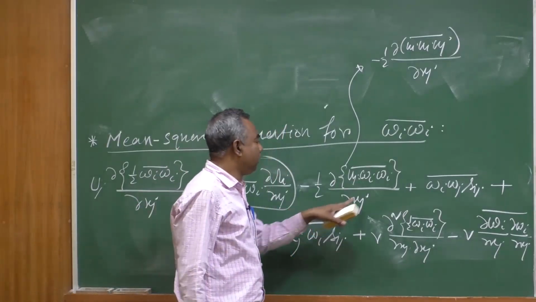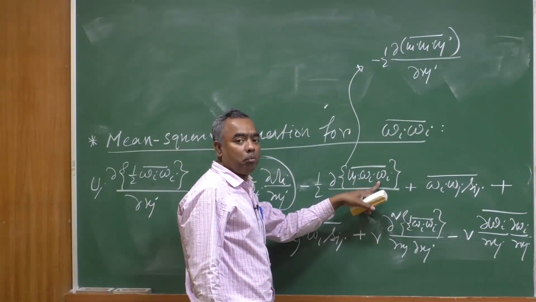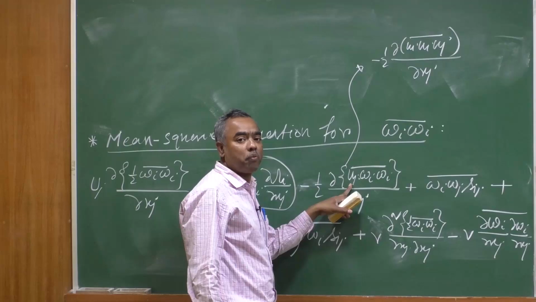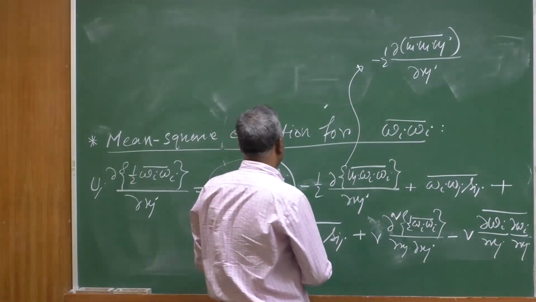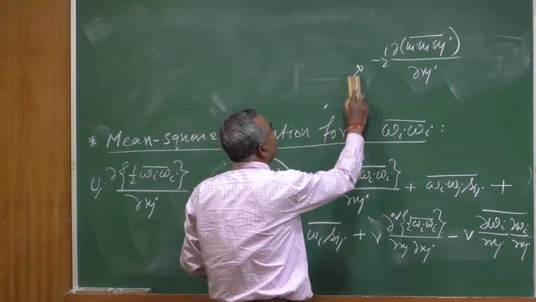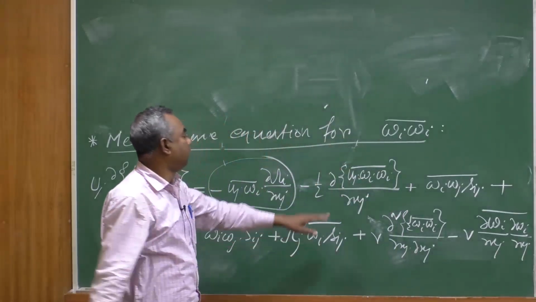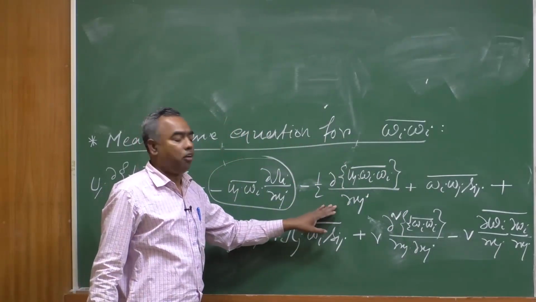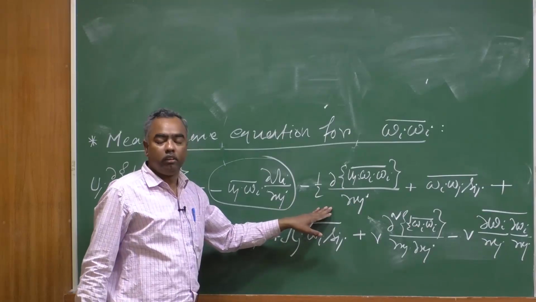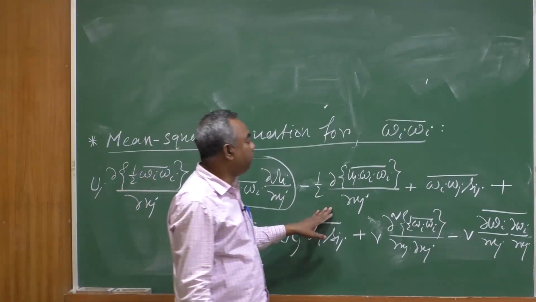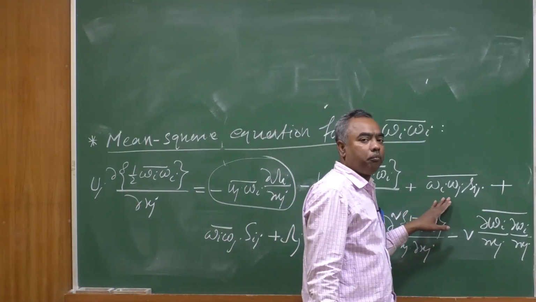Similarly, this is the transport of turbulent entropy by this turbulent velocity fluctuation u_j. So, these two terms you understand, this is the transport of that turbulent entropy.